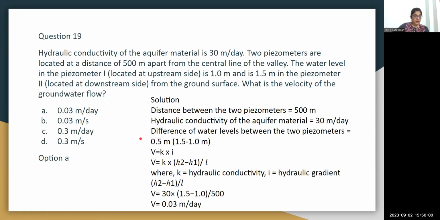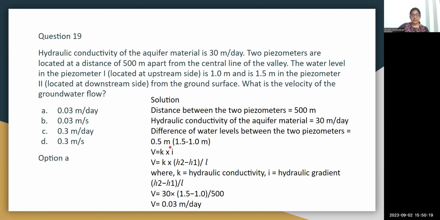Okay. So the given information is the distance between the two piezometers, L equal to 500 meter. They've given K value 30 meter per day. So the difference of water level between the two piezometers will be 1.5 minus 1 meter, which is 0.5 meter.